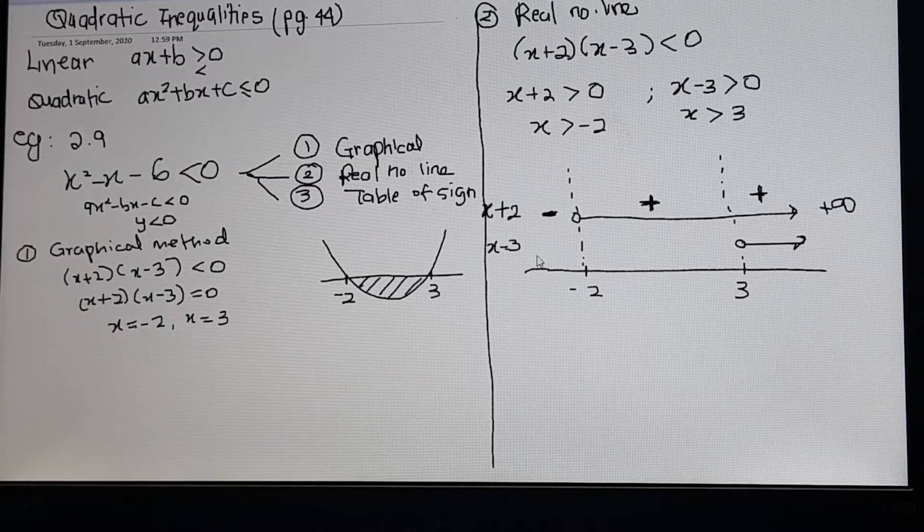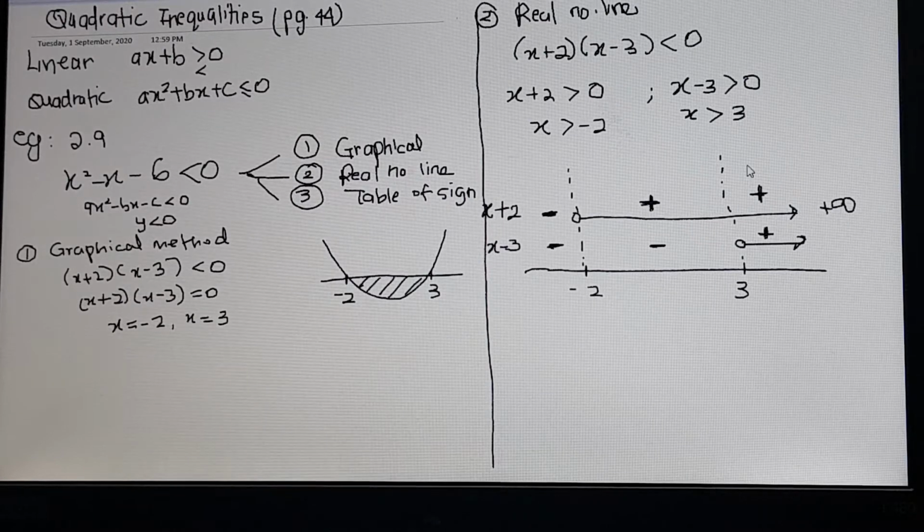The same goes for the second factor, x minus 3. Does the line cross this part? No, so you put a negative sign. Here also a minus sign. And then greater than 3, a positive sign.